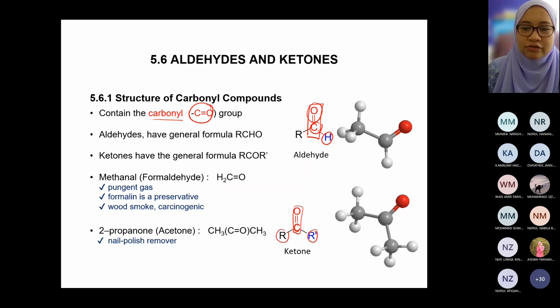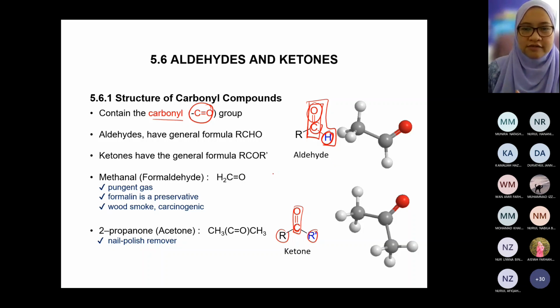Like I said, in ketone the carbonyl group is usually located between the carbons, whereas aldehyde sits at the terminal, at the edge. It is like a carboxylic acid, except that carboxylic acid is attached to OH. Aldehyde is only attached to hydrogen, but it can be oxidized into carboxylic acid.